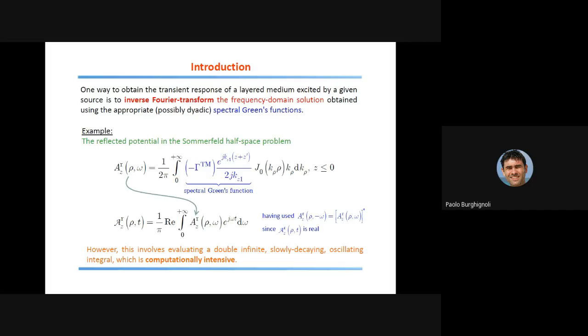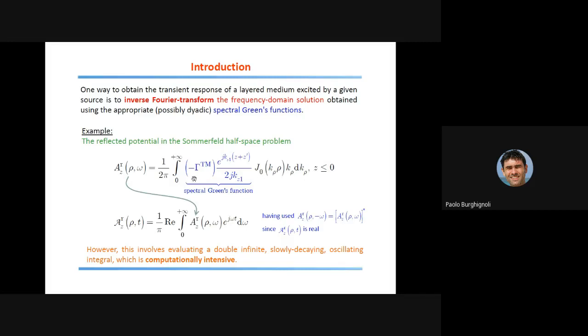So for example, considering the familiar Sommerfeld half-space problem, in which you have a point source in the presence of a single planar interface between two media, we have seen last week that the reflected potential can be cast in the form of a single spectral integral with respect to the radial wave number, k rho. And this integral involves the spectral Green's function, the complex reflection coefficient gamma TM, and the Bessel function J0.